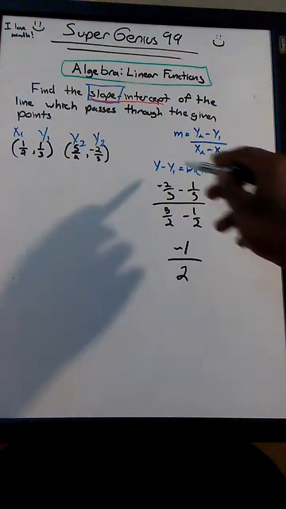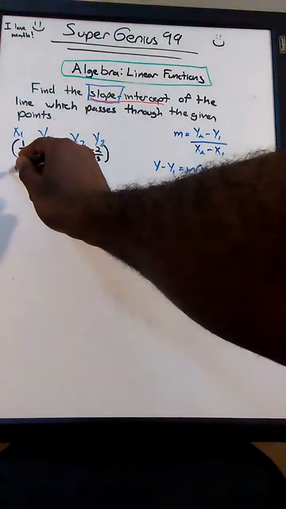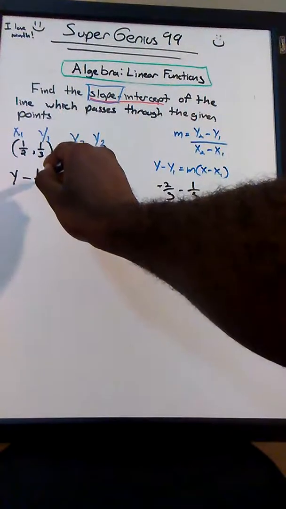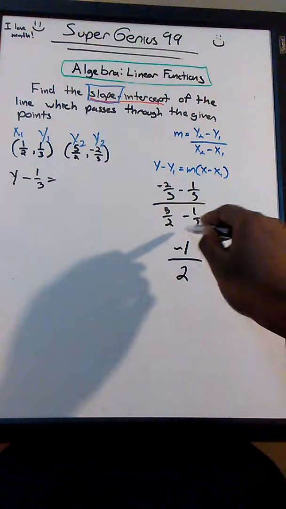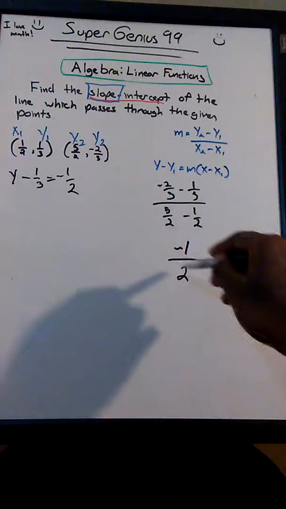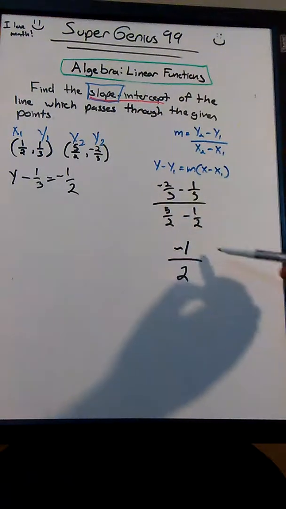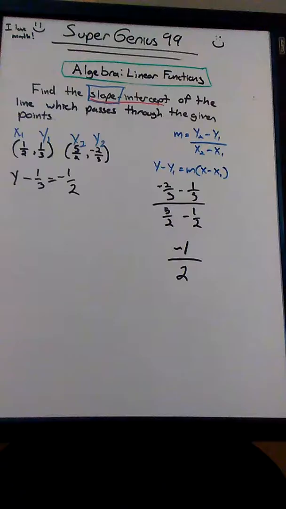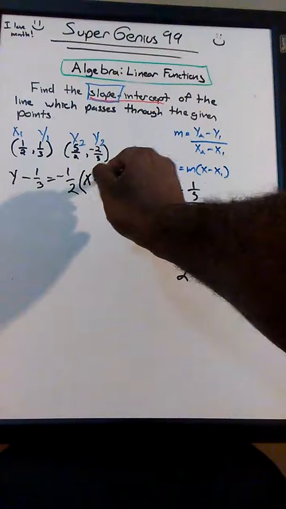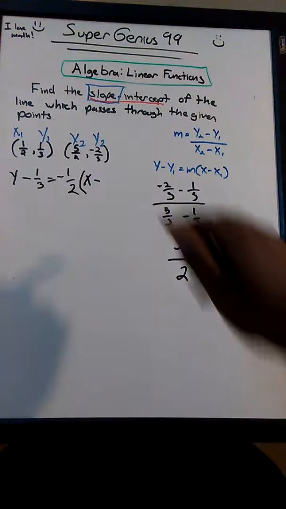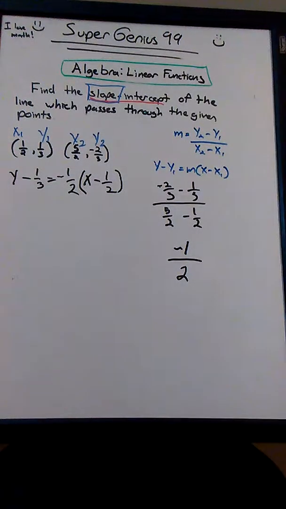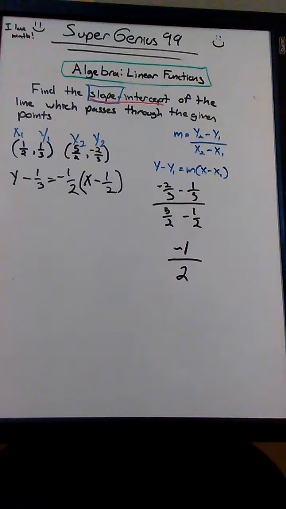So, plugging this in, what's your y1? You can use 1/3. y minus 1/3 is equal to m. What's your m? Negative 1/2. You get negative 1/2 because we use this formula to find the slope. Negative 1/2 times x minus, and then what's x1? 1/2. There's our x1, there's our y1. Okay, so what's next?